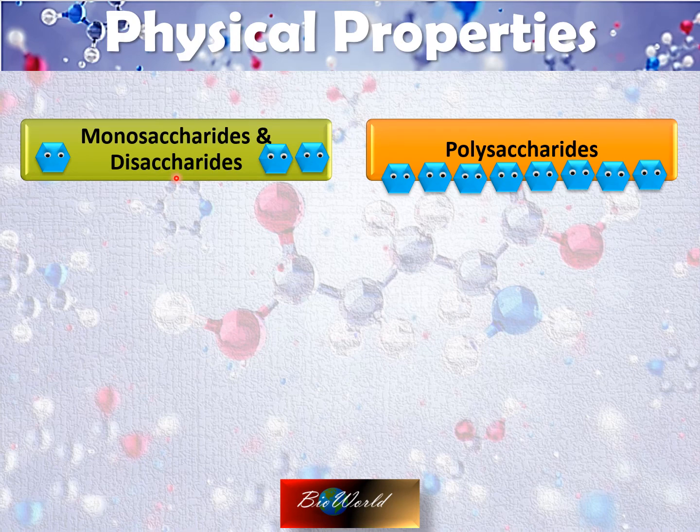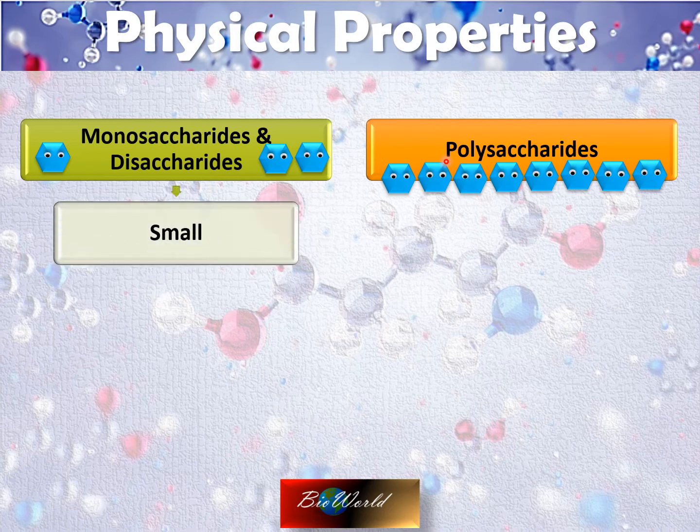Monosaccharides and disaccharides share similarities, but they have different characteristics than that of polysaccharides. Firstly is their size. Since monosaccharides are only one sugar and disaccharides two sugars, they are naturally small.